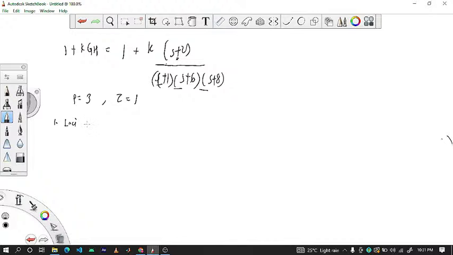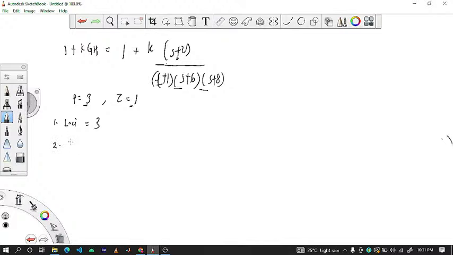You check your poles and your zeros and see which one is the highest. Because you have more poles than zeros, your loci takes the highest value. So you have 3 branches. So first thing is to find your loci or your branches.